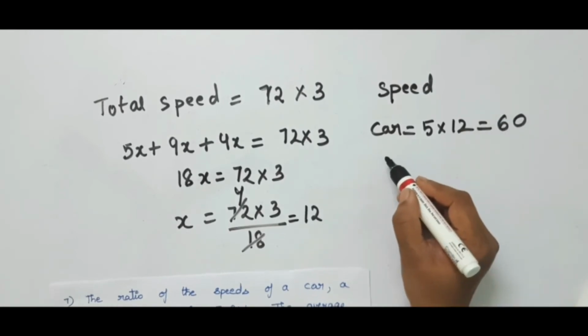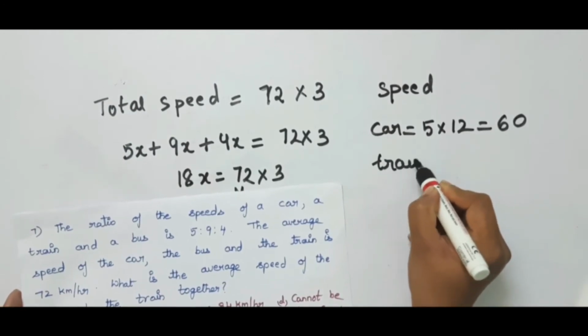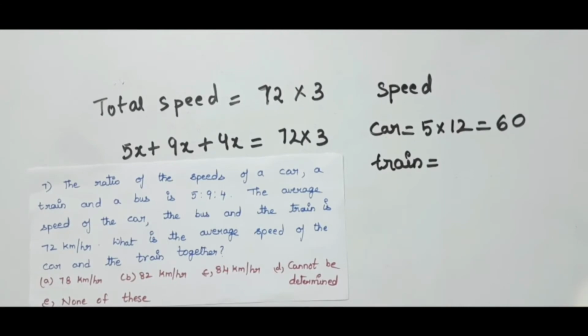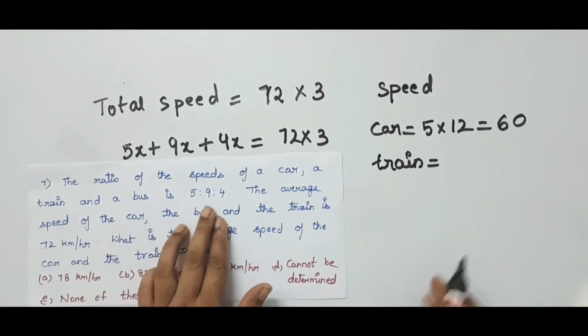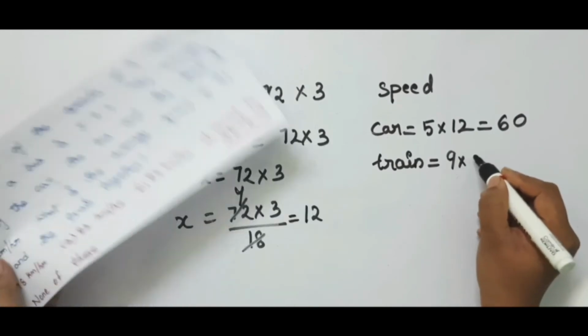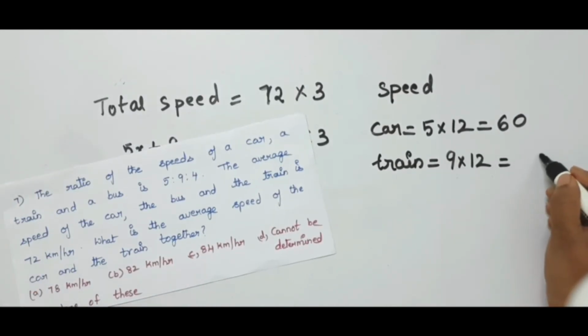And what did he ask for the train? The train speed is the second value, that is 9x, which is 9 into 12. So this is nothing but 108.